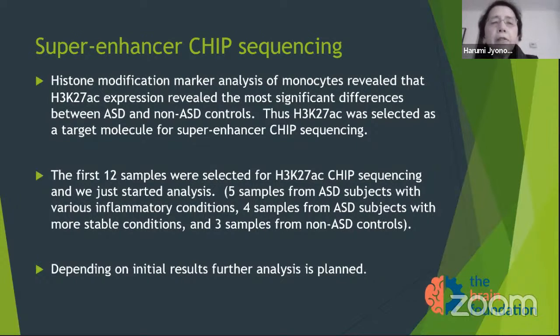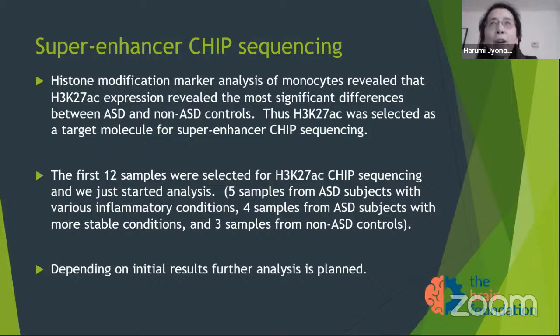We have looked at four histone modification markers, as markers of histone trained immunity as well as the tolerance type. And the most significant changes were seen in H3K27AC expression. Therefore, we are now doing super enhancer ChIP sequencing, and the target molecule we selected is H3K27AC.